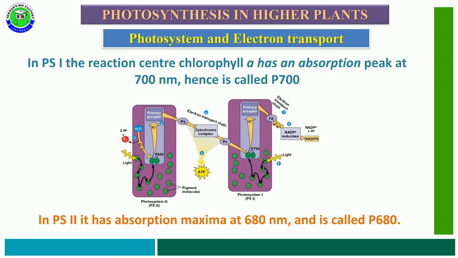In this way, PS1 and PS2 have reaction centers P700 and P680 respectively.